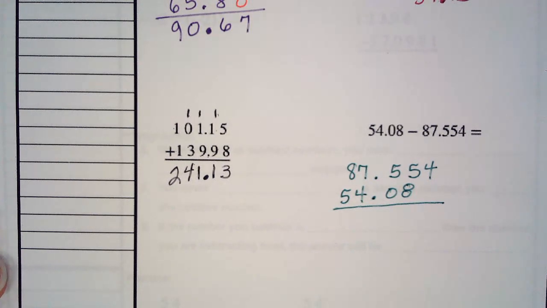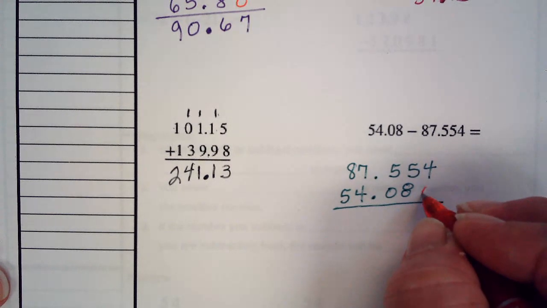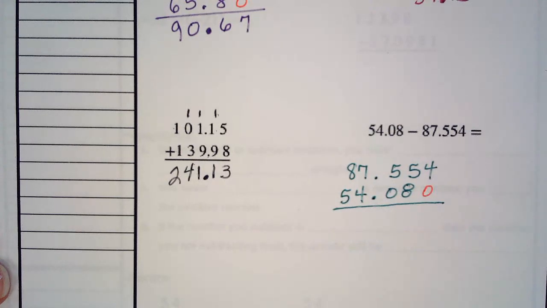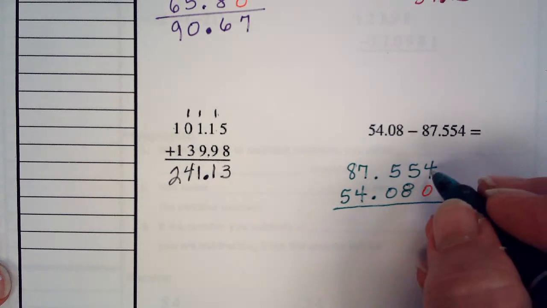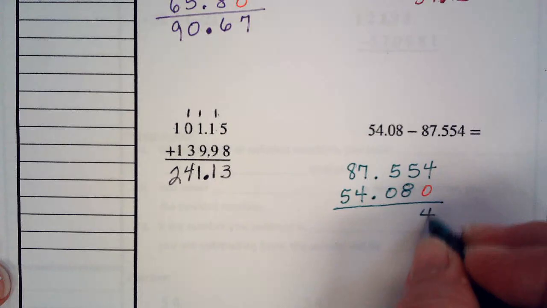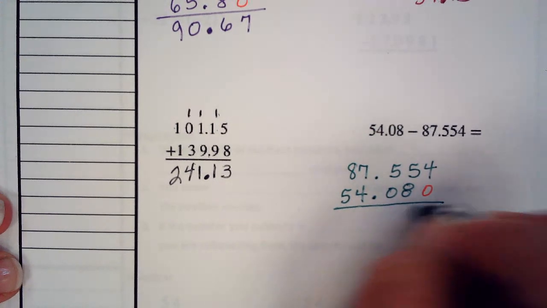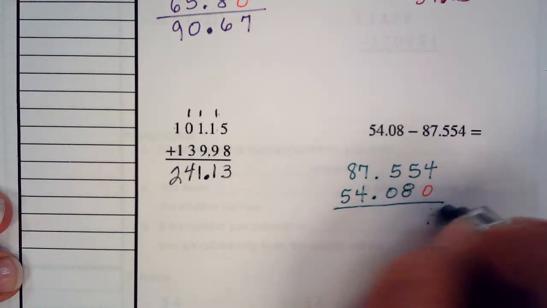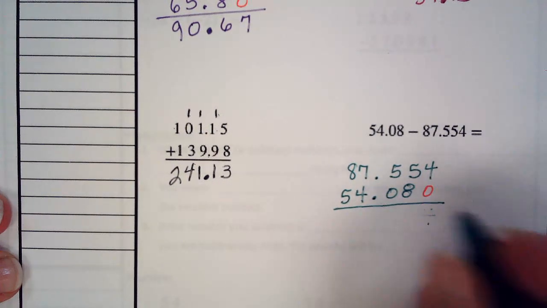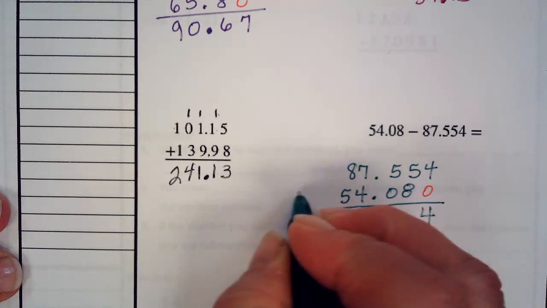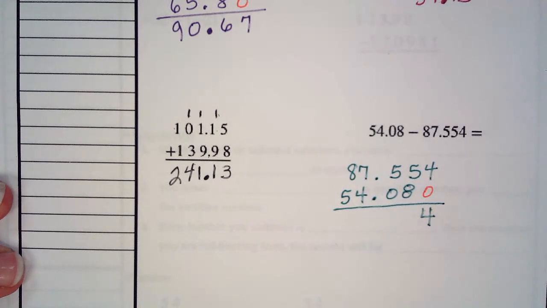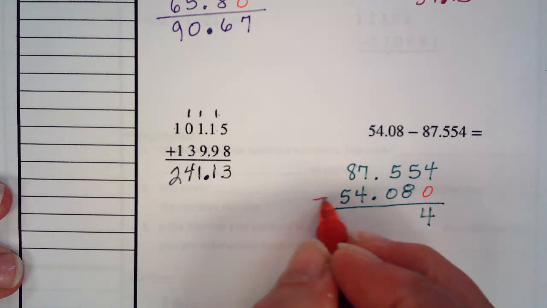I am missing a decimal place. What do I put as a placeholder? 0. 4 minus 0 is still 4. Remember, we are subtracting because they've got those opposite signs.